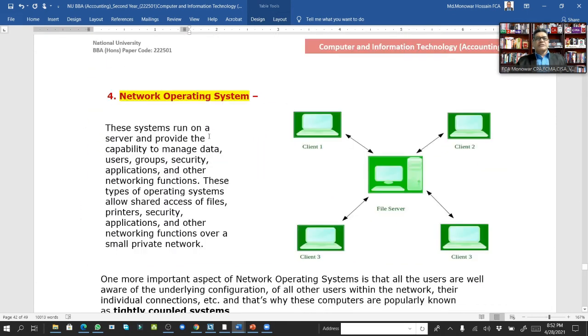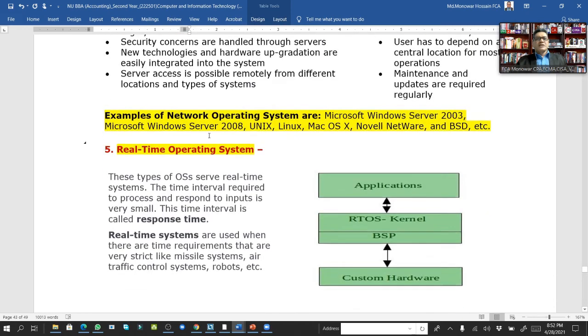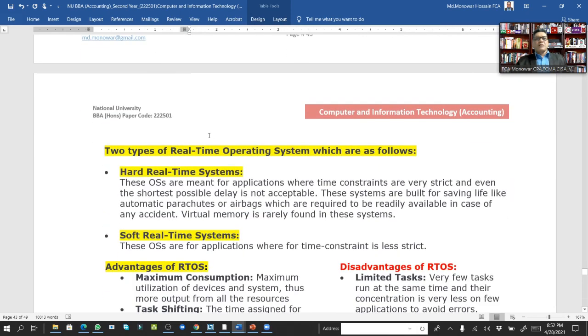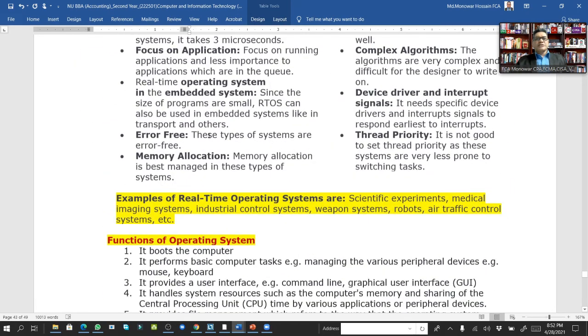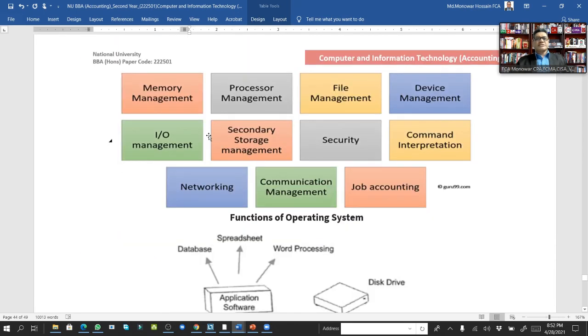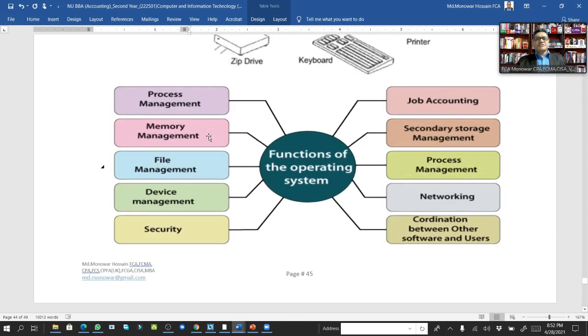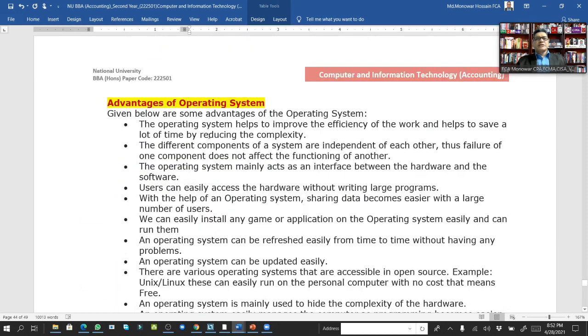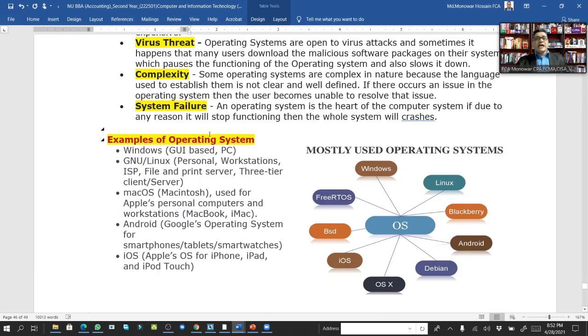We also discussed the network operating system and real-time operating system, and also the advantages and disadvantages and functions of the operating system. There are a lot of functions within the operating system, and we have also seen the advantages, disadvantages, and examples of the operating system.